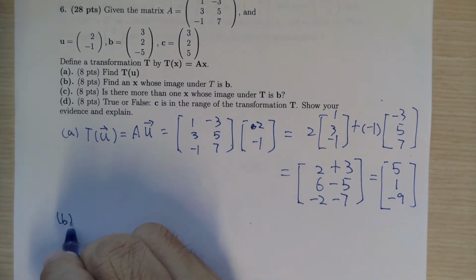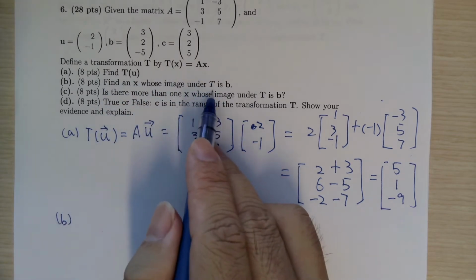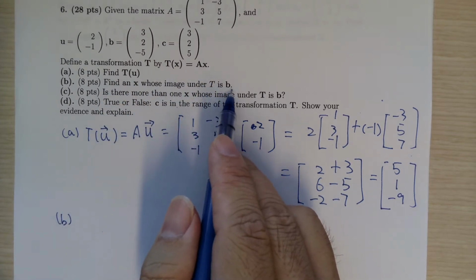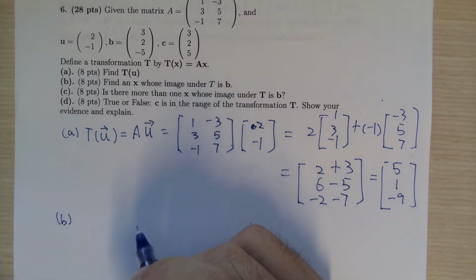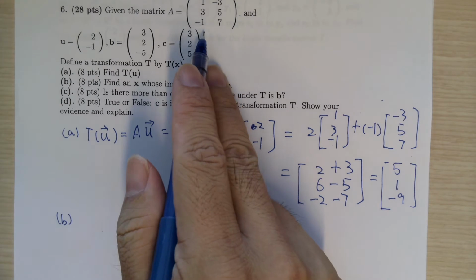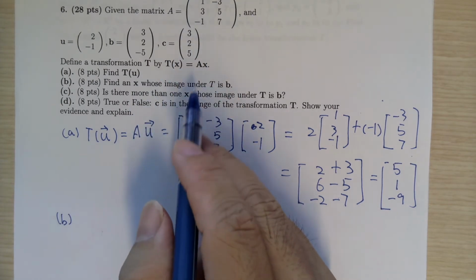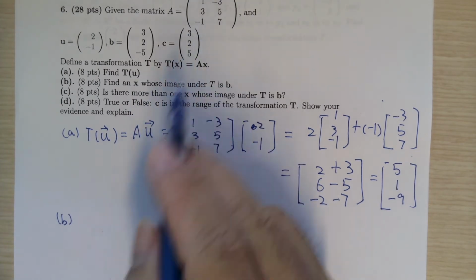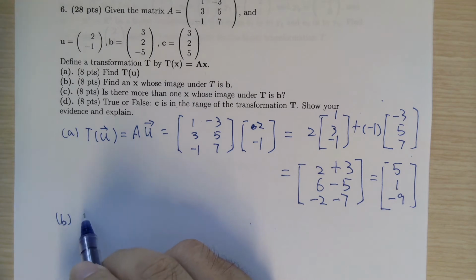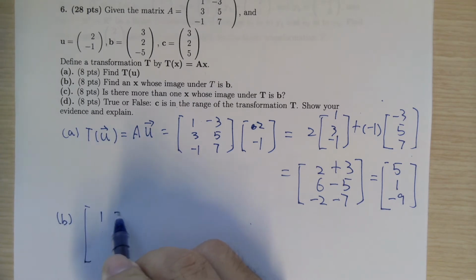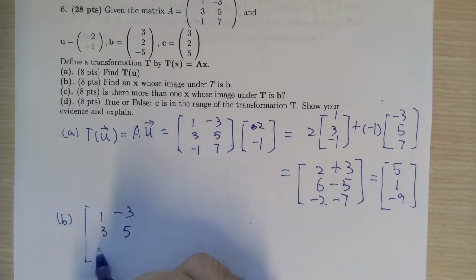Okay, so that is T of U. So part B is find an x whose image under T is B. You see for here, 1, negative 3, 3, 5.